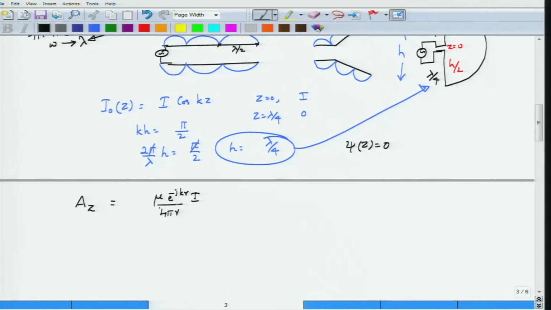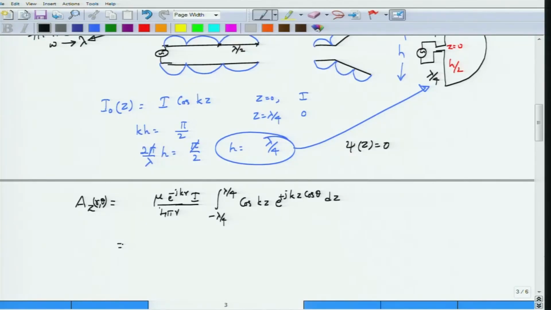The current value I is constant, therefore I can pull this out of the integral, and you have minus lambda by 4 to lambda by 4, which is the length of the antenna I am considering, cos kz, this is the current distribution, e power j kz cos theta dz, since that phase factor has gone. So clearly this Az is a function both of r as well as theta.